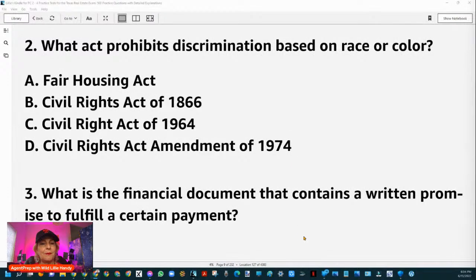Number 2, what act prohibits discrimination based on race or color? A, Fair Housing Act. B, Civil Rights Act of 1866. C, Civil Rights Act of 1964. Or D, Civil Rights Act Amendment 1974.